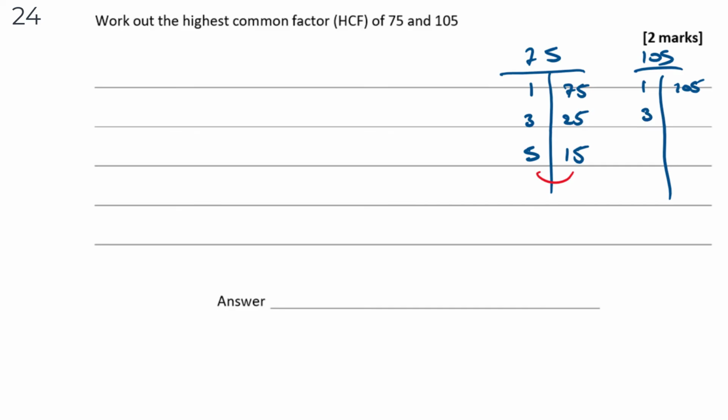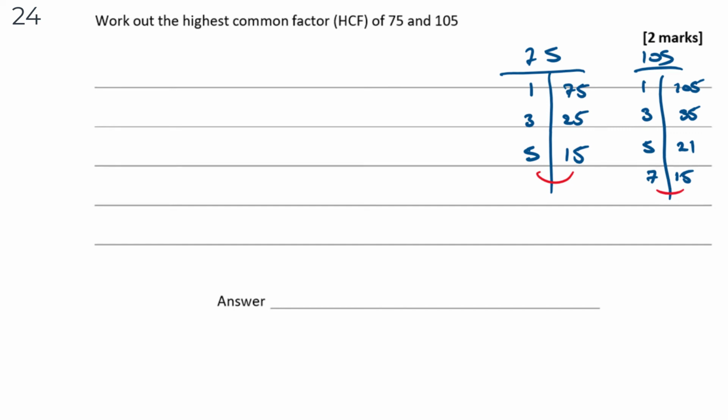It goes in 35 times. 35, 90, yeah, 35 times. 4, nope. 5, yes. 5 goes in 21 times. 6, nope. 7, yes, 7 does. 7 goes in 15 times, doesn't it? 7 15s. 8, nope. 9, nope. 10, nope. 11, nope. 12, nope. 13, nope. Okay, so I've kind of met myself coming back down the other way again there.